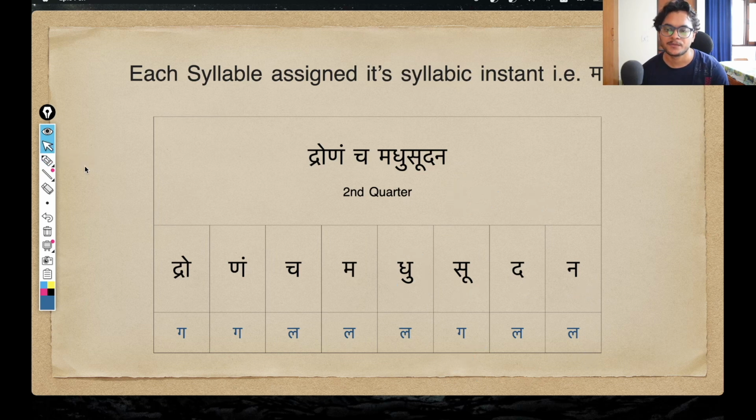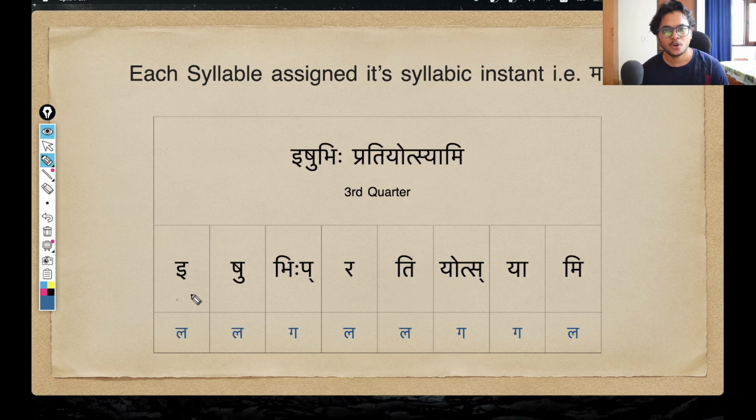Let us repeat the same with the third quarter also. So e, obviously a short vowel, so laghu. Shu, it is a laghu. Then you see bhip. Again you have a visarga also. Even if the conjunct consonant was not there, this bhi would have been guru, because anything ending with a visarga also comes under guru. So bhi anyway would have been guru, but here we also have a following conjunct consonant.